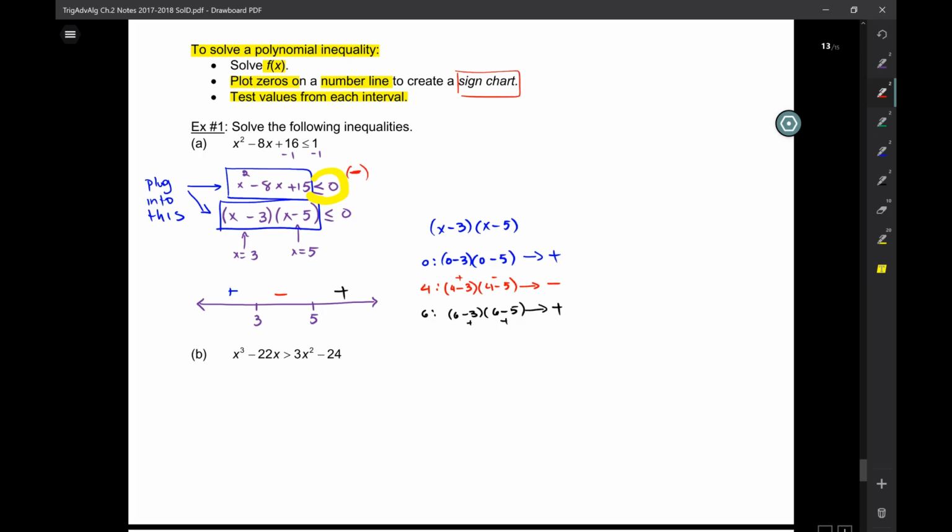So my solution is in this middle region. So my answer is the region between 3 and 5. So I say x is between 3 and 5.